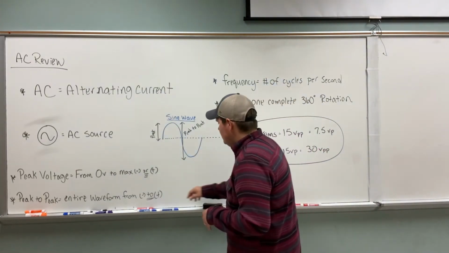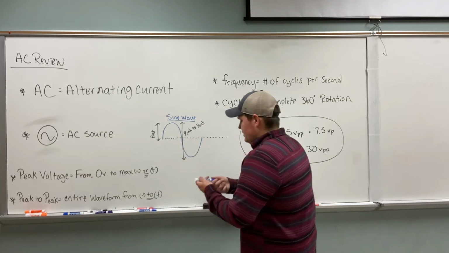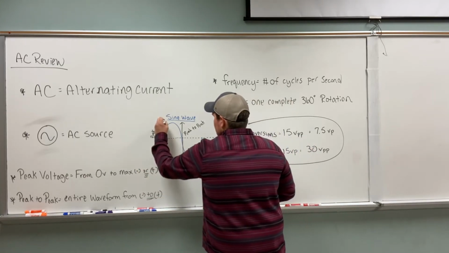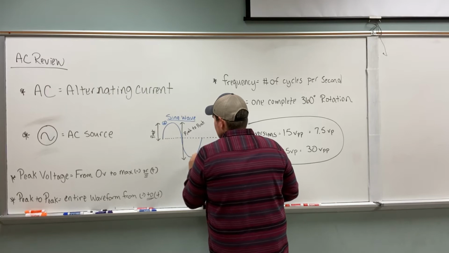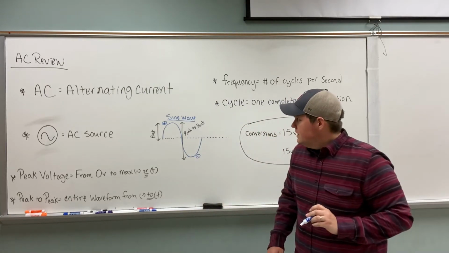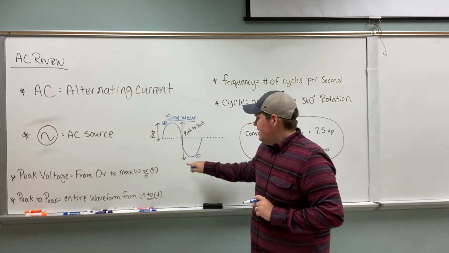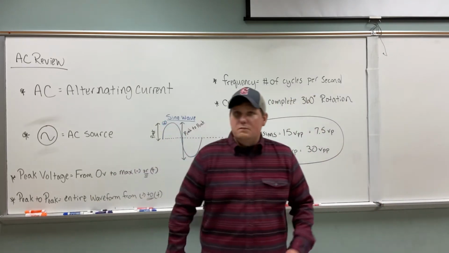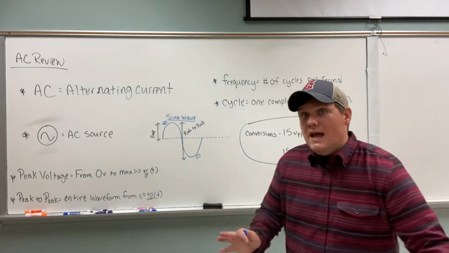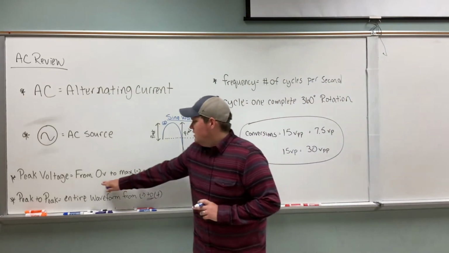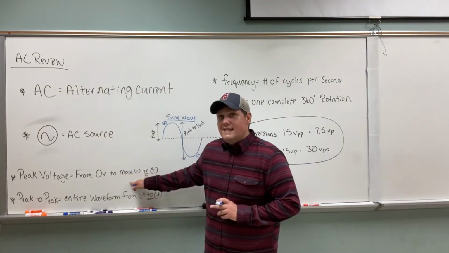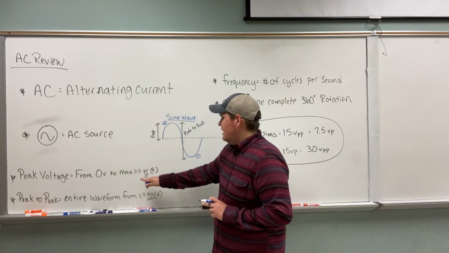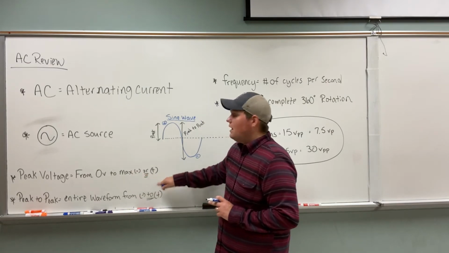So if you look, we can label this sine wave as positive and negative. So we have a positive peak voltage and a negative peak voltage. So jump down here. Peak voltage means that that is the measurement of that sine wave from 0 volts to either max negative or max positive.